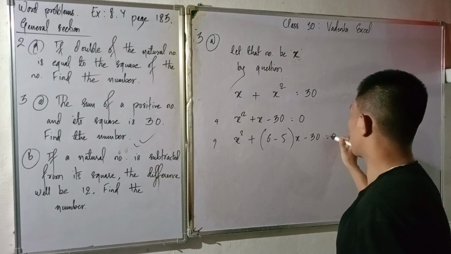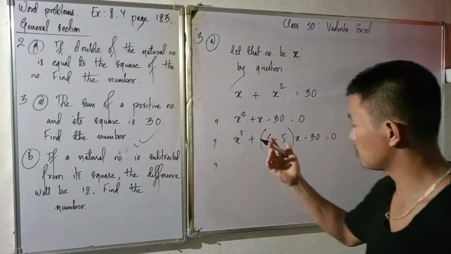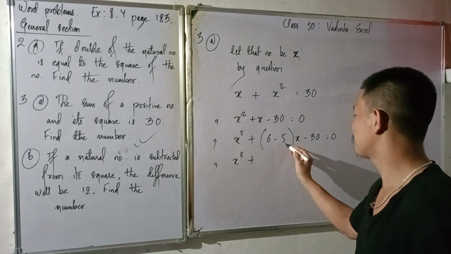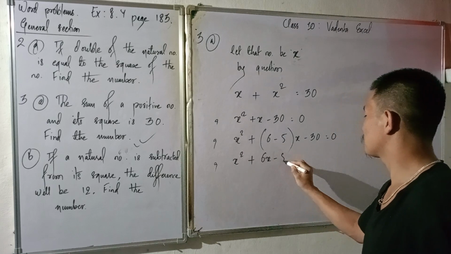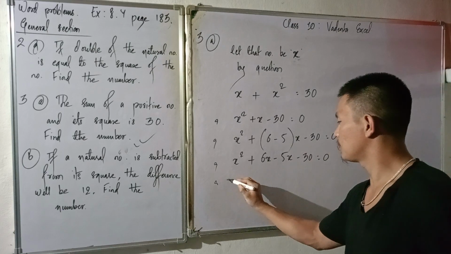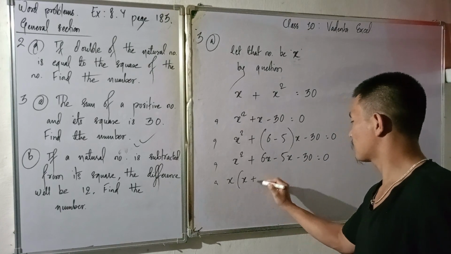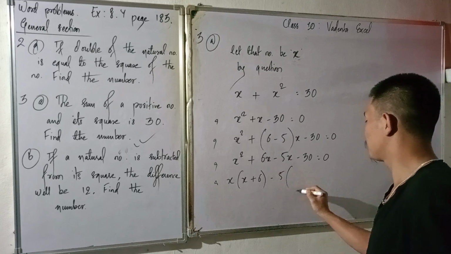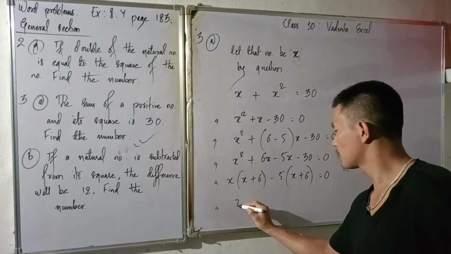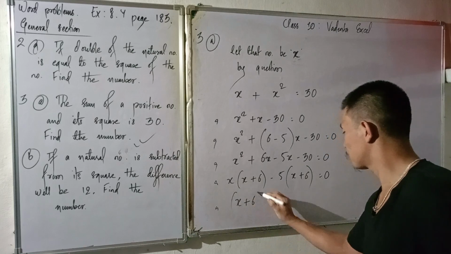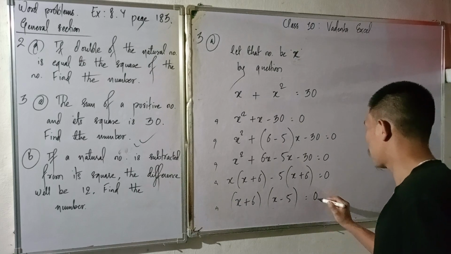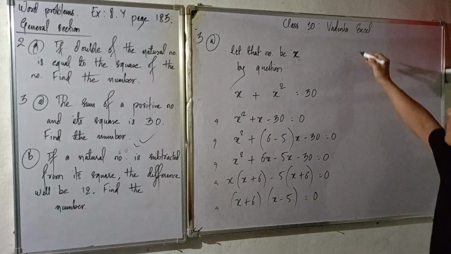You know how to factorize; up to this level you should know how to factorize, so I'm not going into depth. 6x minus 5x minus 30. Take x plus 6 common, and the remaining inside the bracket is x minus 5. Now you do either-or.